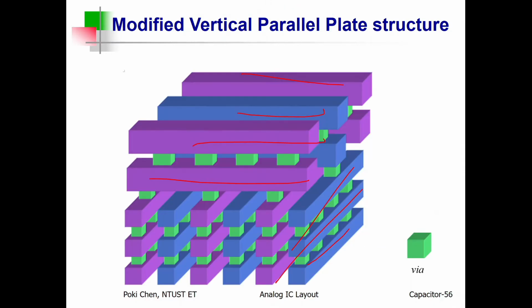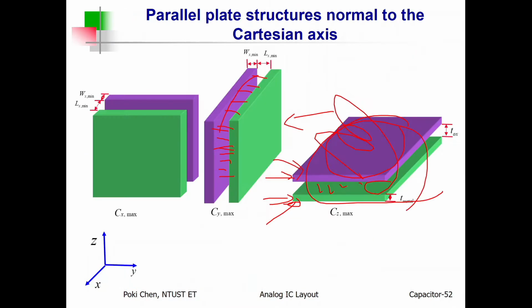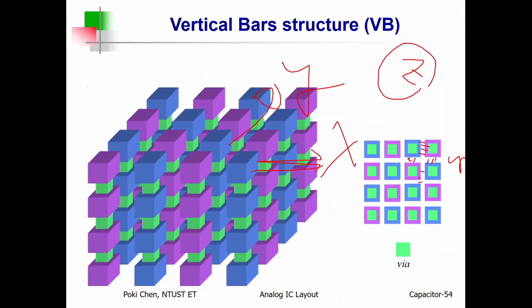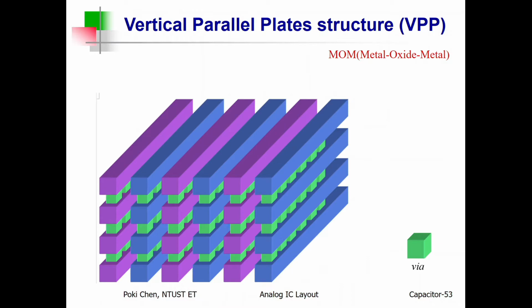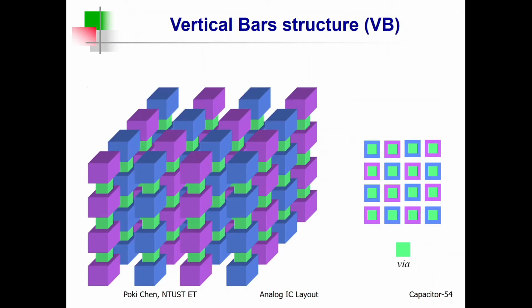Oh, I forgot to mention that in theory, vertical bars is better than vertical parallel plate, right? But what is the problem with vertical bars? Just think about it. How to connect all the blue bars and how to connect all the purple bars.